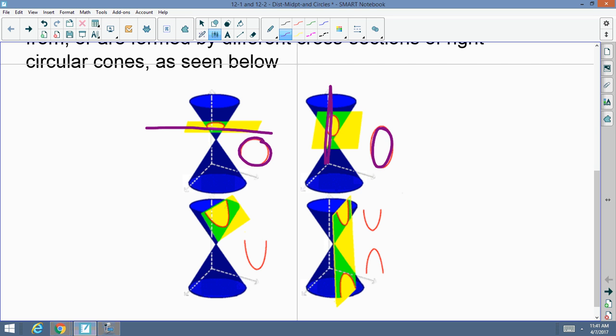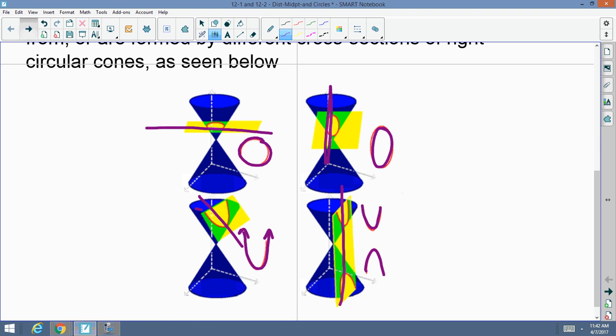If I take that slice and I cut it at an angle, I get a parabola. And if I take that same piece of paper and I elongate it though, and I cut vertically through both cones, I get a double parabola, which is called a hyperbola. And those are the 4 conic sections. Today we're going to focus on circles.